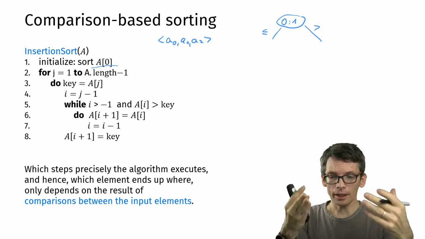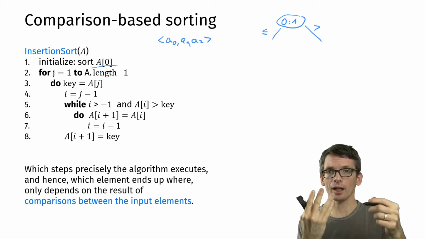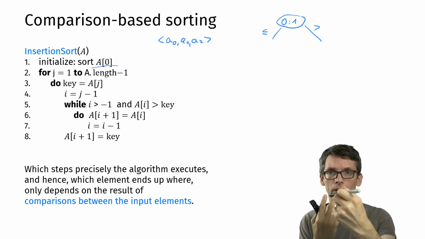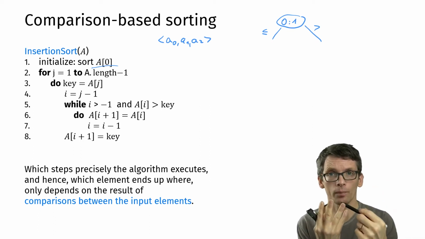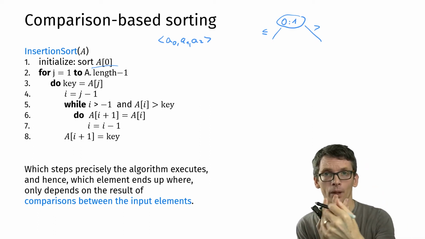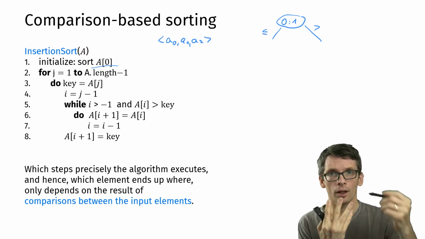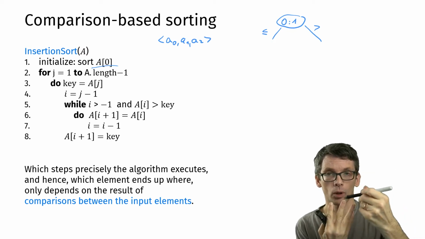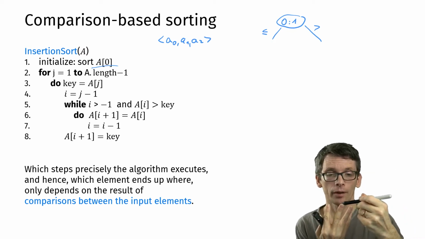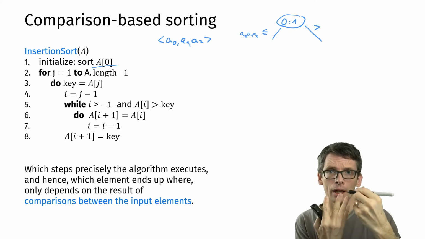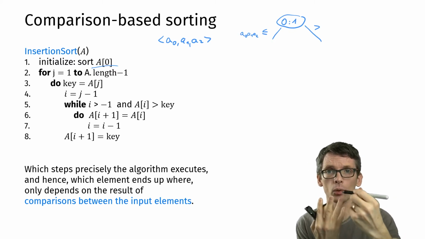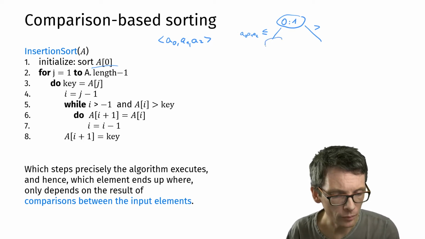Next, now we're done with A0 and A1, we can assume that they are sorted. Now we take A2 and want to add it to this. If A0 was smaller or equal to A1, then currently at this point we still have them in order A0, A1, A2. Now I will compare A2 with A1.